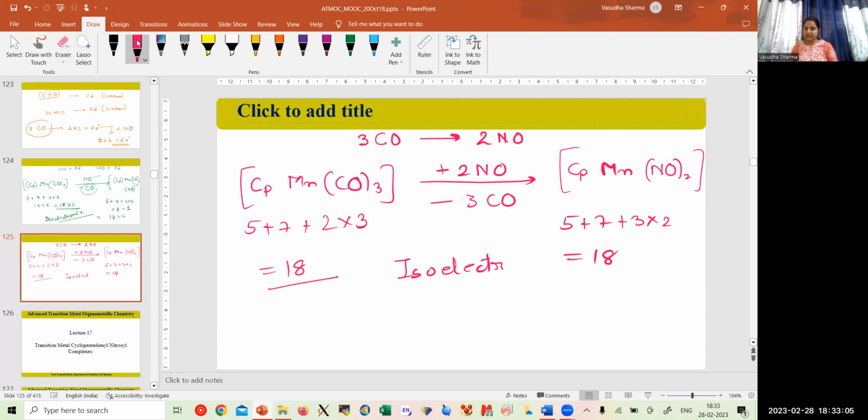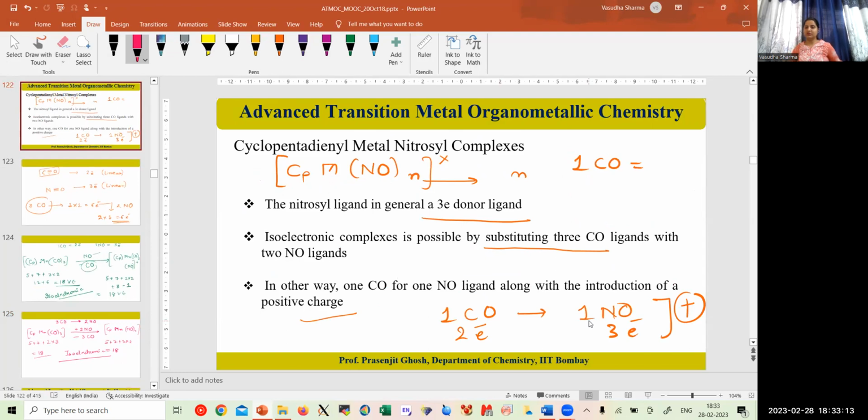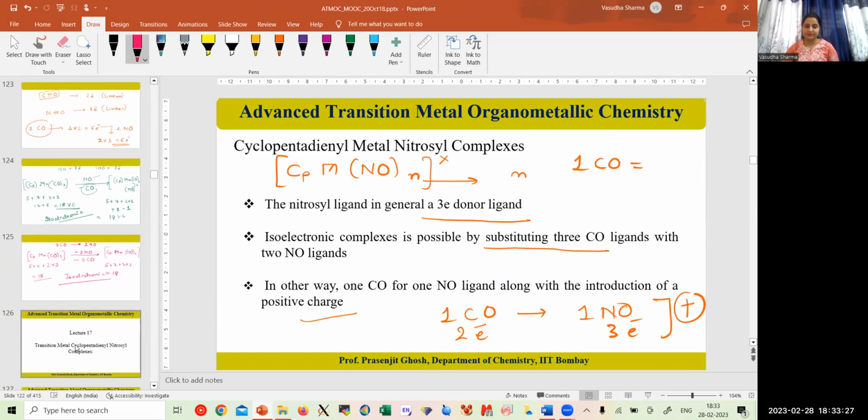So this is also called isoelectronic. Based on that, nitrosyl and carbonyl can have this substitution and replacement, because one nitrosyl and one carbonyl can be exchanged with respect to the number of electrons they are donating when making a bond with the metal. Therefore, one CO for one NO ligand will introduce a positive charge on the complex, that means on the metal.